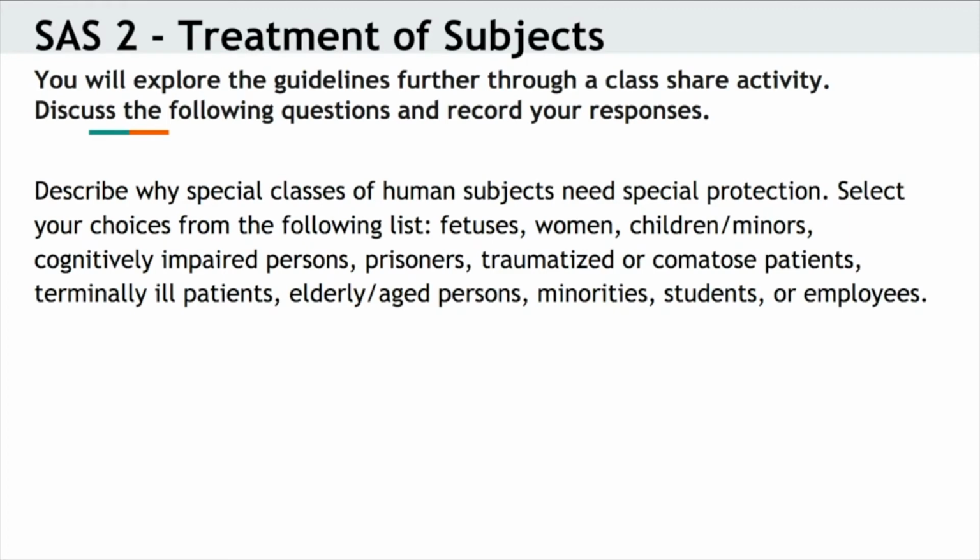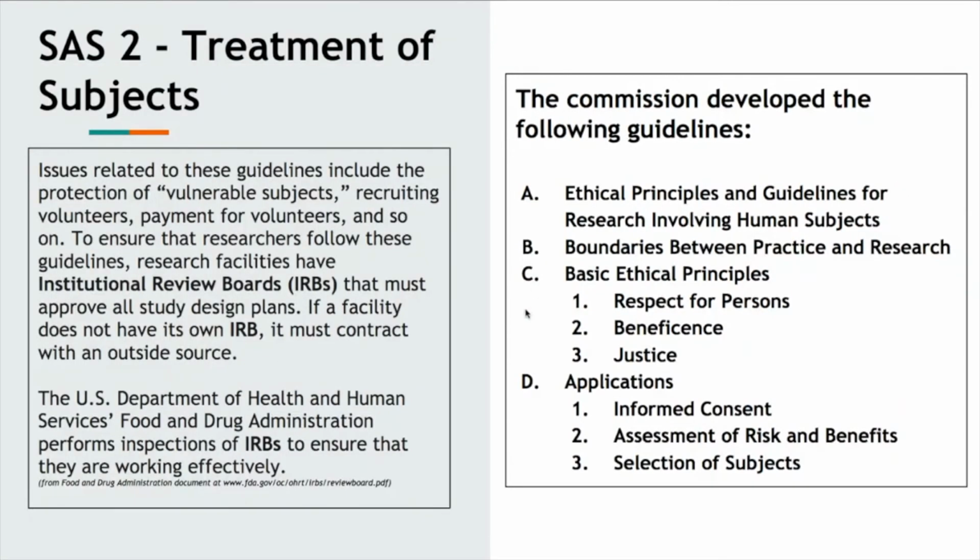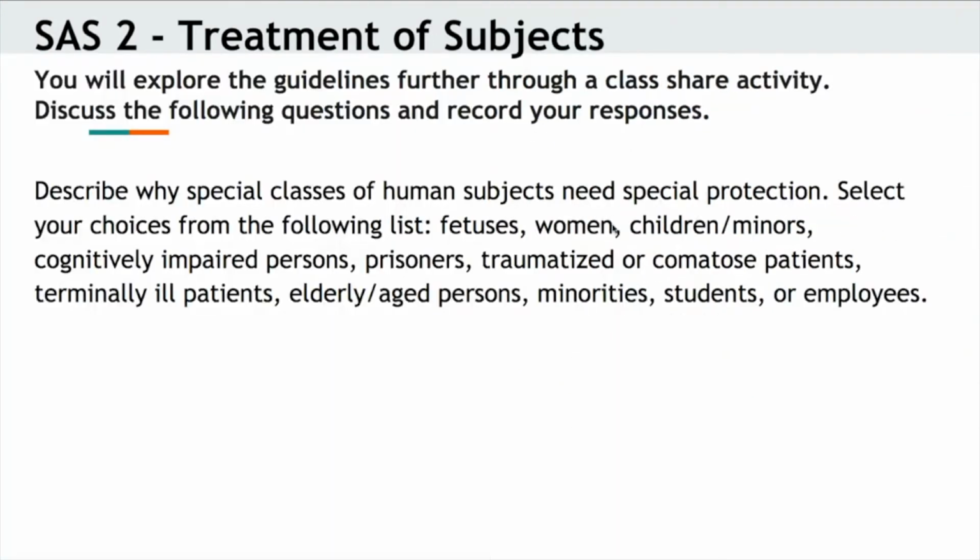They're impaired. Prisoners, people that are locked up, traumatized or comatose patients. Understand, you're going to go back and look at these situations right here to determine whether or not they deserve some kind of ethical treatment. So, terminally ill patients, elderly or aged people, minority students or employees.